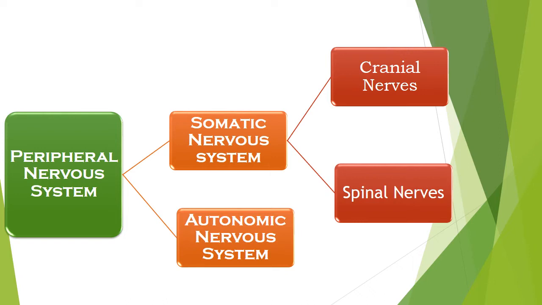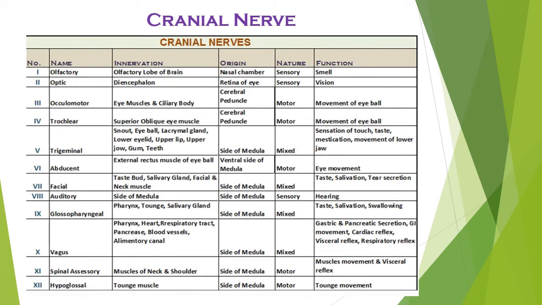Now, what are cranial nerves? Cranial nerves are the nerves which arise from our brain. They are 12 pairs and some are sensory in function, some are motor and some are mixed. Now in front of you, you will see the number and the name of all 12 cranial nerves, not in our syllabus.